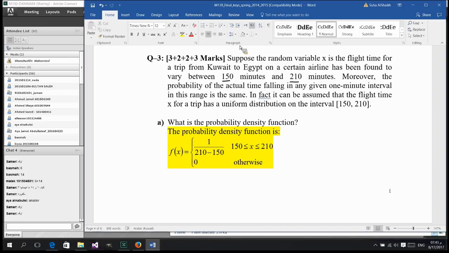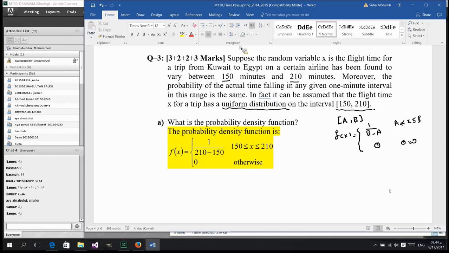In fact, it can be assumed that the flight time has the uniform distribution on the interval of 150 to 210. The uniform distribution on A, B is given by f(x) equals 1 over B minus A for x between A and B, and 0 otherwise.